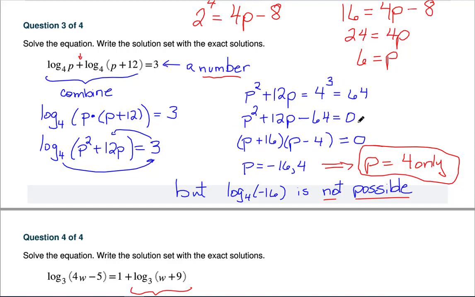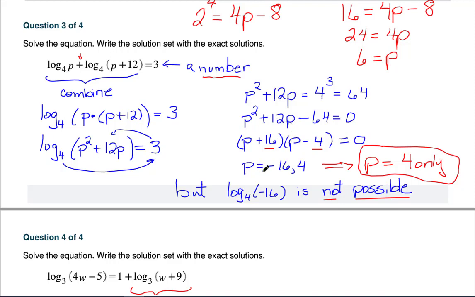So, can we factor this quadratic equation? I don't know. Let's try. 64 is 16 times a minus 4. That would give me the minus. When I combine the middle and the outside, I do get a 12.